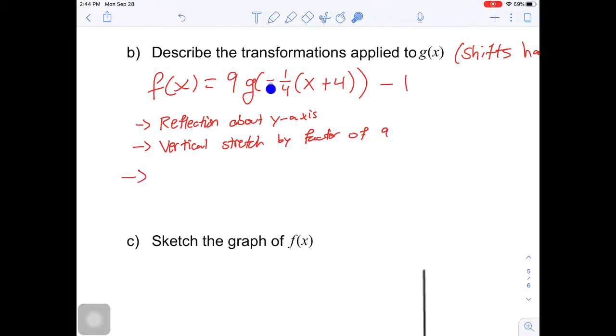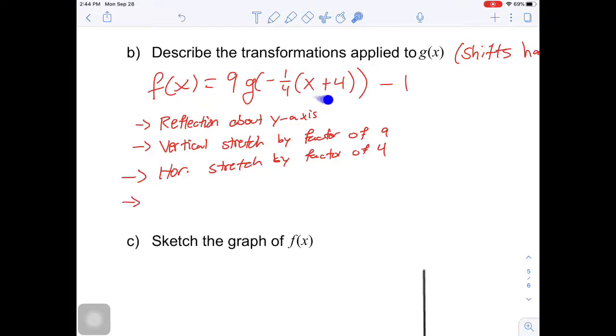We then have a horizontal stretch, and remember, it is opposite to what you think with x coordinates. So this is actually by a factor of 4. So this is a horizontal stretch by a factor of 4. We take all of our x components and multiply them by 4.